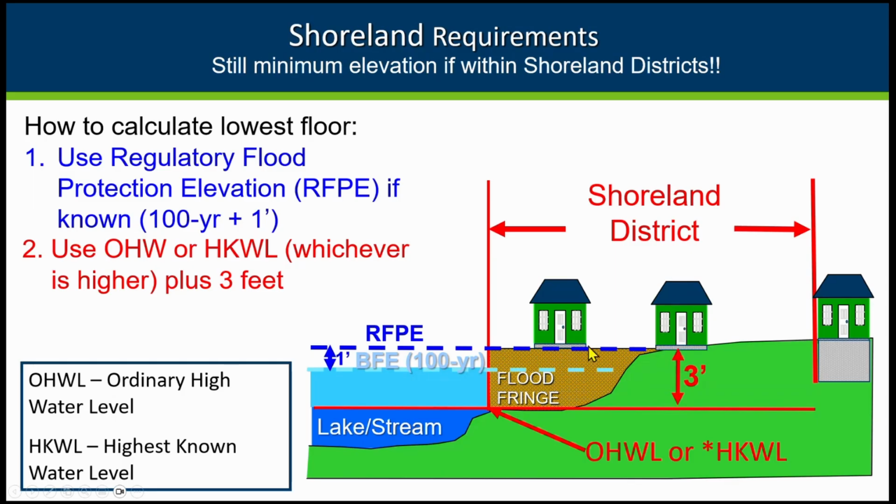So that being consistent with the floodplain calculations, that includes a foot of freeboard. So we say that the base flood elevation estimate is 2 feet above the ordinary high or the highest known water level.